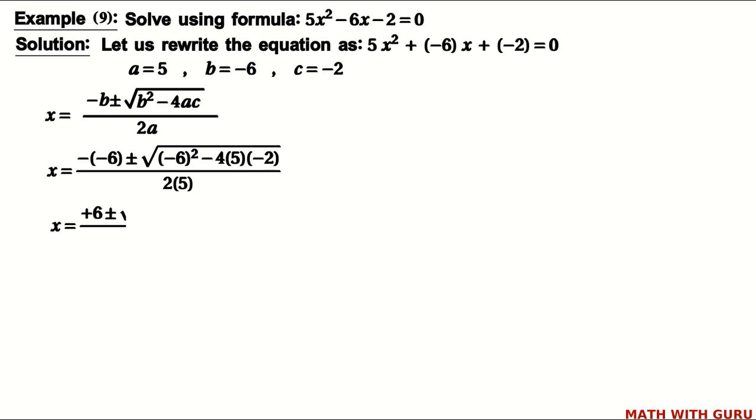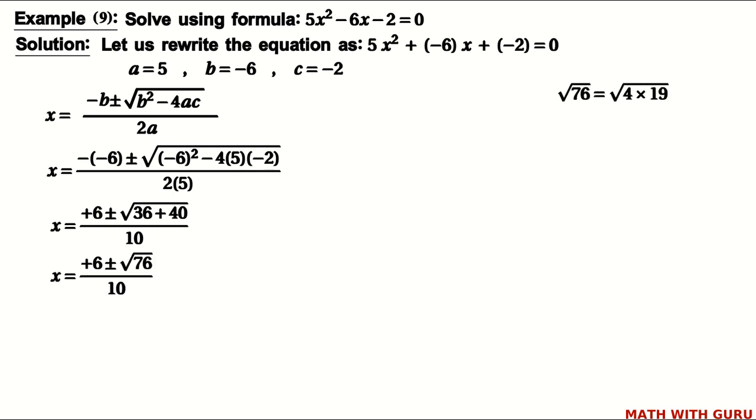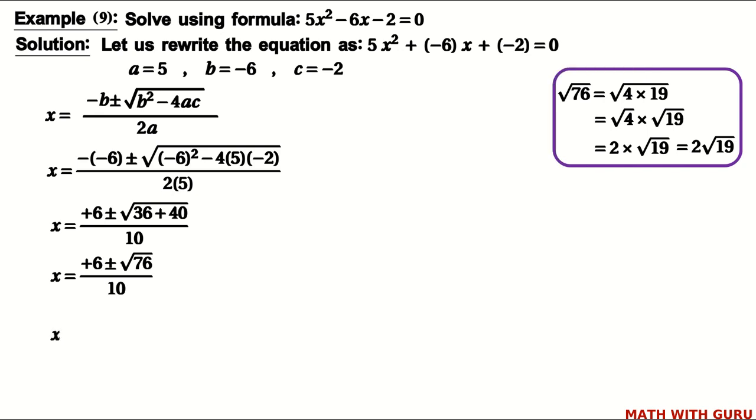Simplifying, we get plus 6 plus or minus root 36 plus 40 divided by 10. Now 36 plus 40 is 76. Root 76 can be simplified as root 4 into 19, that is root 4 into root 19, 2 into root 19, that is equal to 2 root 19. X equals 6 plus or minus 2 root 19 whole divided by 10.